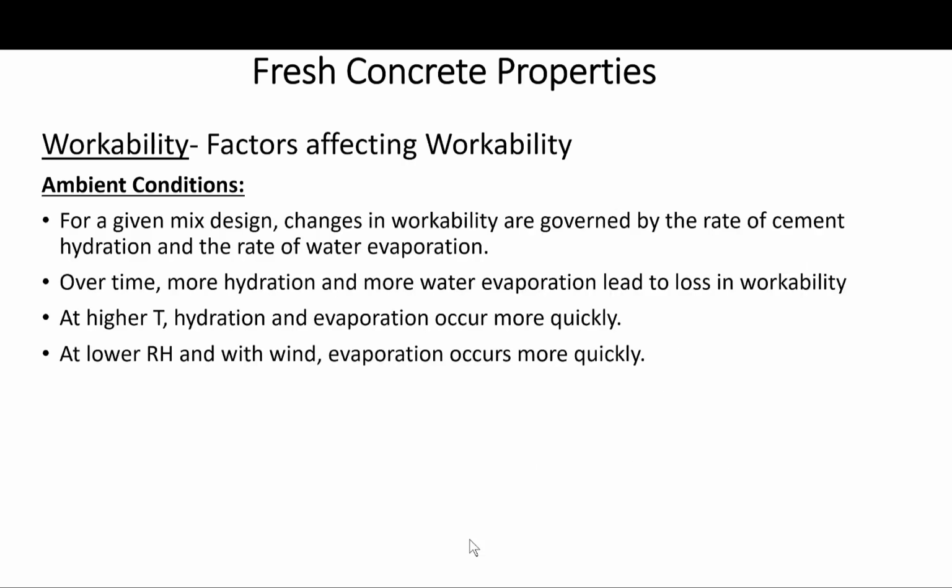Higher temperature will increase both the evaporation rate and the hydration rate. So this suggests that more water may have to be used in warm weather to maintain the same workability. Also, the quantity of water required to change the slump by some given amount increases as the temperature increases.